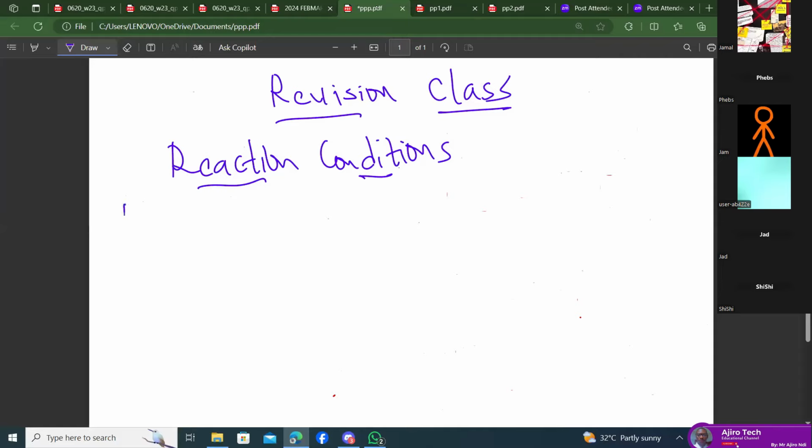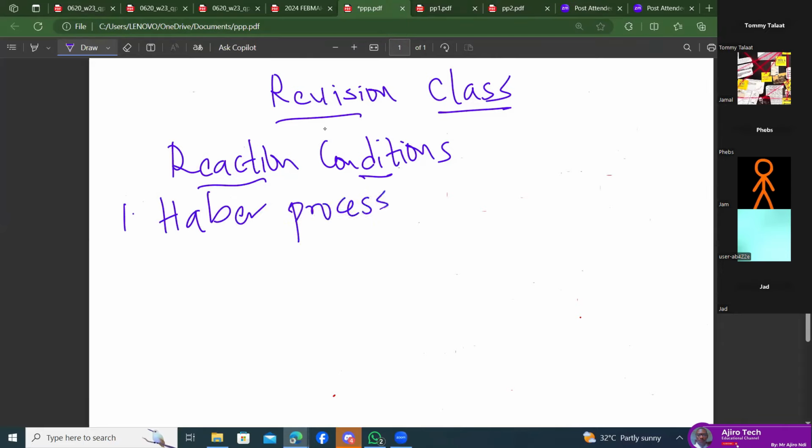Of course, you know of the Haber process, which is one of the reactions that you have in IGCSE chemistry. So we have the contact process.